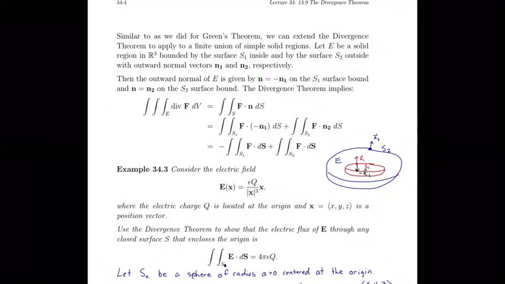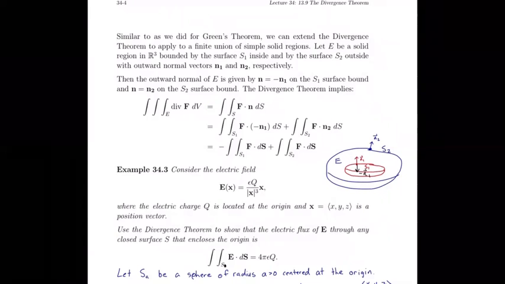So the divergence theorem tells us this equality, that the triple integral of the divergence of F over this solid E is equal to F dotted with the normal vector along its surface boundaries.